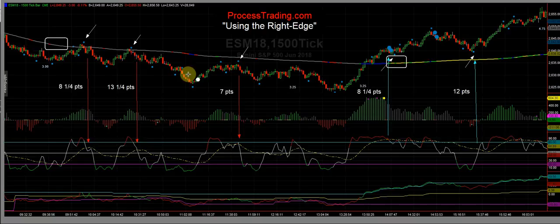Here are the discretionary indicators down here: the Energy, the Cinnamon Oscillator, and the short-term trend oscillator for making counter-trend and discretionary trades.